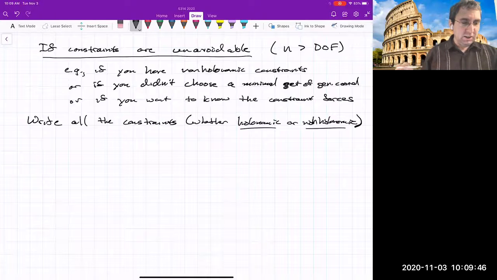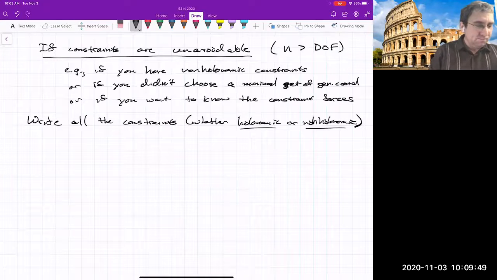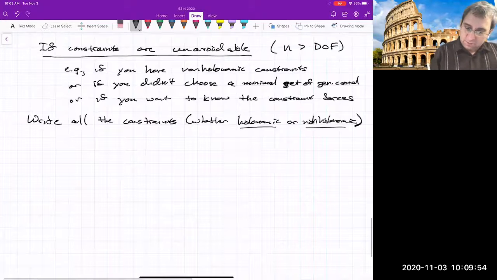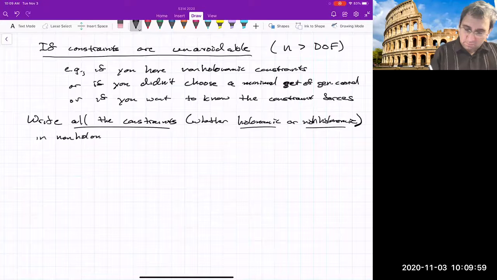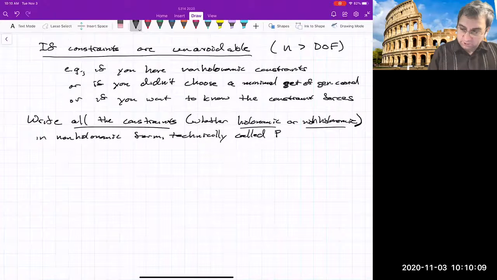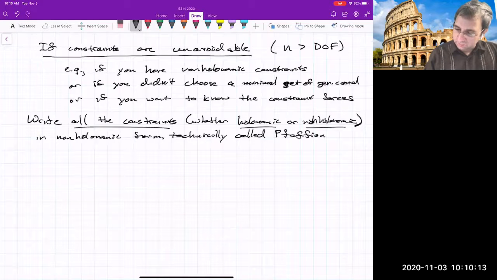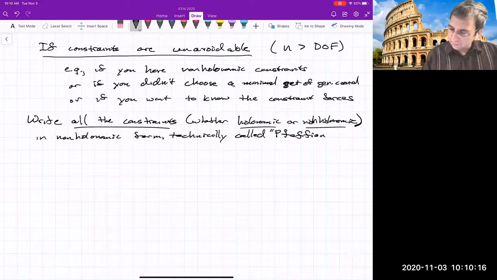You write all the constraints in the non-holonomic form. It's also technically called Pfaffian, which starts with a P, after a mechanician or mathematician named Pfaff. The Pfaffian form is fun to say.